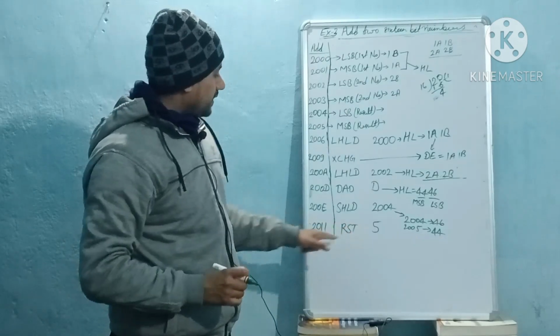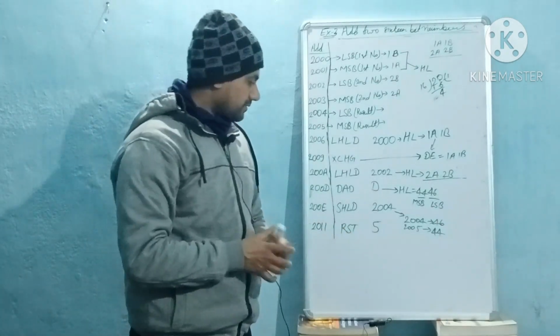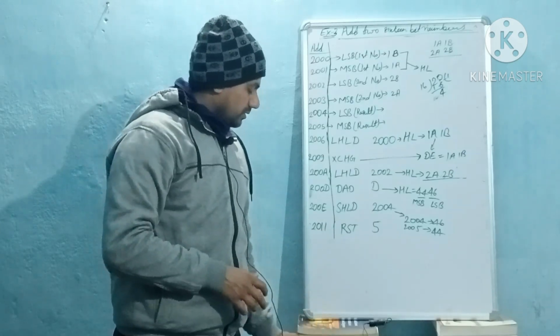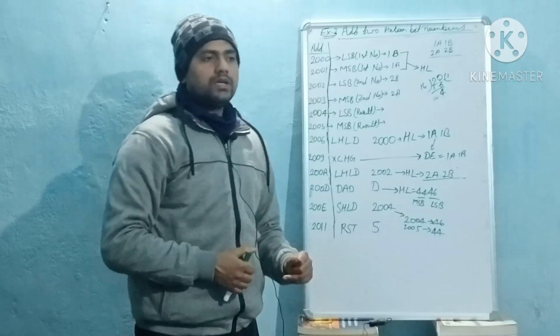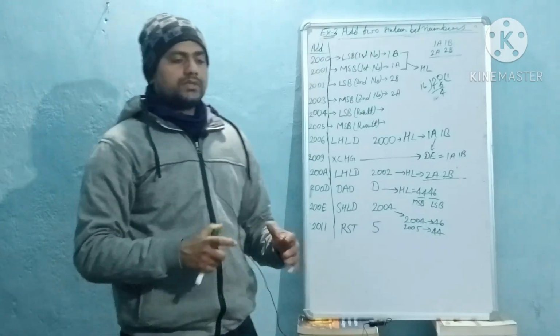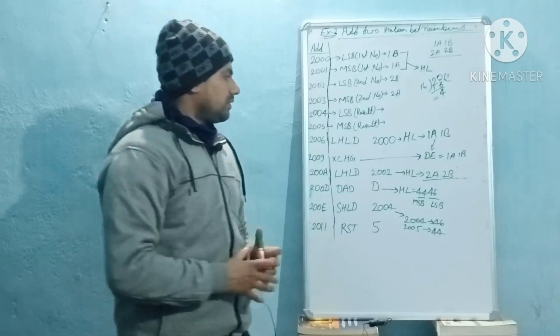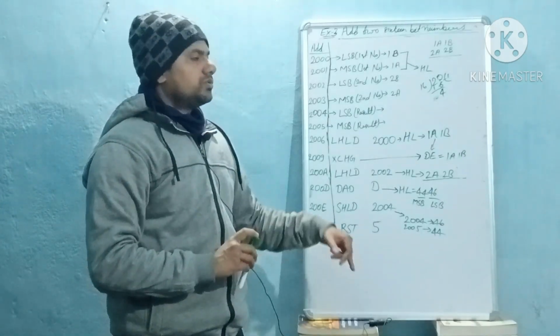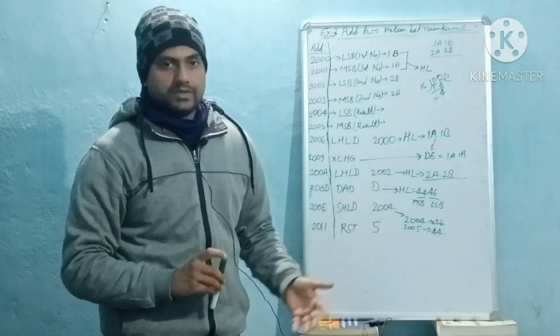And then the last instruction is RST5. When this instruction is executed, it sends the processor to a subroutine call location, 0028.